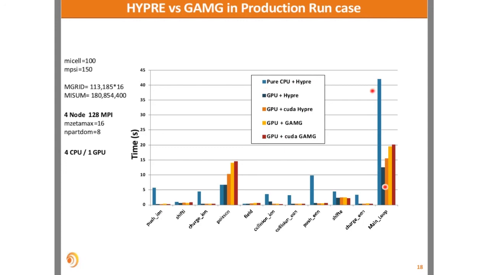The elapsed time is greatly reduced, so we can get maybe a 3 or 4 times speedup. But if we use the GPU version of the field solvers, then in the Poisson routine, the performance becomes slower. So we are still working on this and looking for a better solution to get the full advantage of the GPU, even for this Poisson routine. But for now, we stick with this case: GPU for the particles and CPU for the field solver.